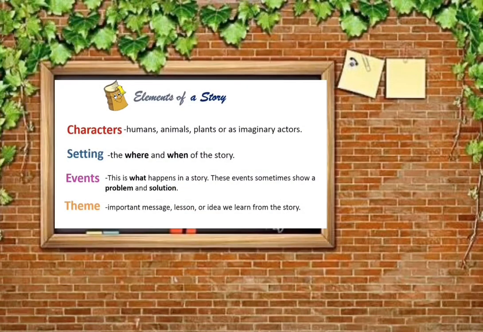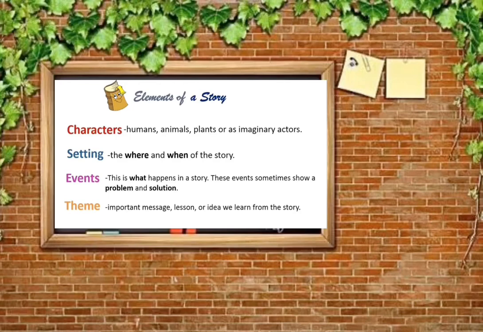Characters, they speak, do actions, or participate in the events of a story. They can be humans, animals, plants, or imaginary actors.